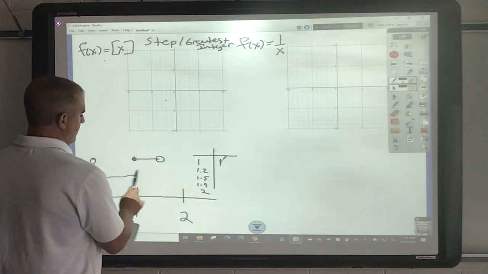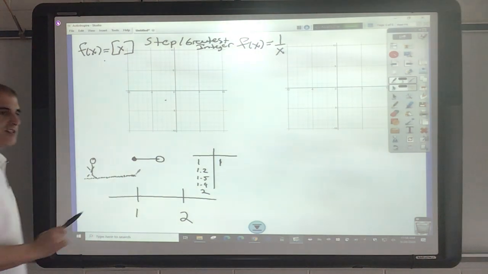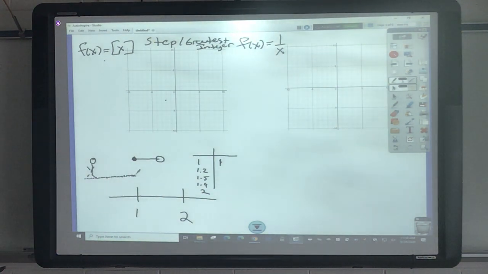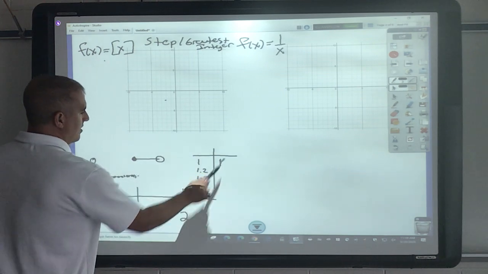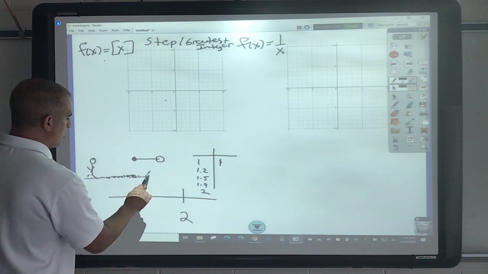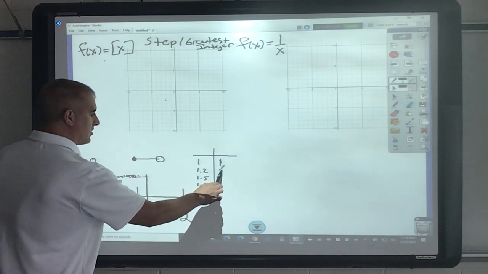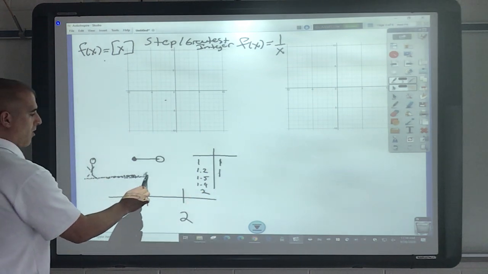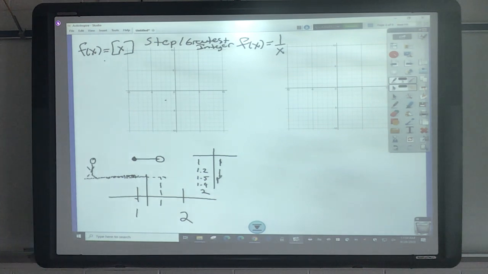If you were walking along, greatest integer means always left to right. As I go from left to right, if I'm at 1, then I'm at 1. At 1.2, right here, the greatest integer I actually passed is still 1. If I walk to 1.5, the greatest integer I passed is 1.